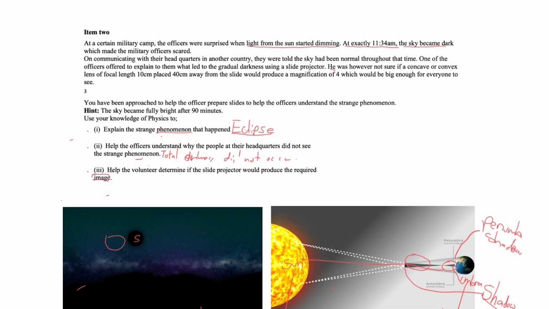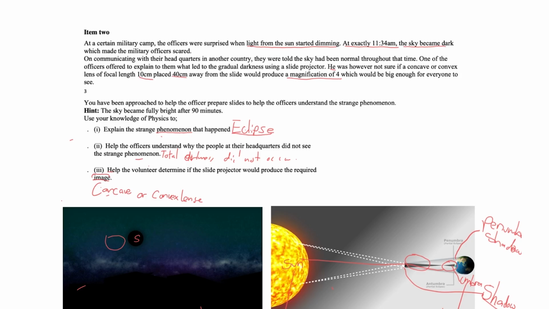He was, however, not sure if a concave or convex lens of focal length 10 placed 40 centimeters away from the slide would produce a magnification of 4, which would be big enough for everyone to see.